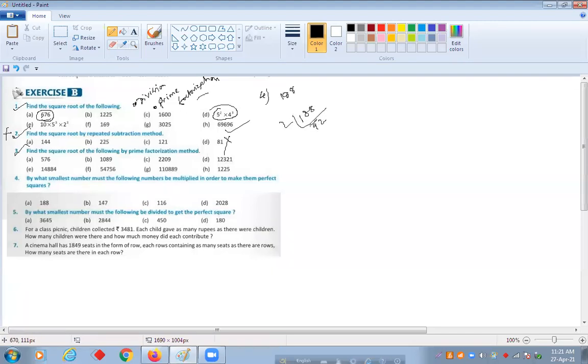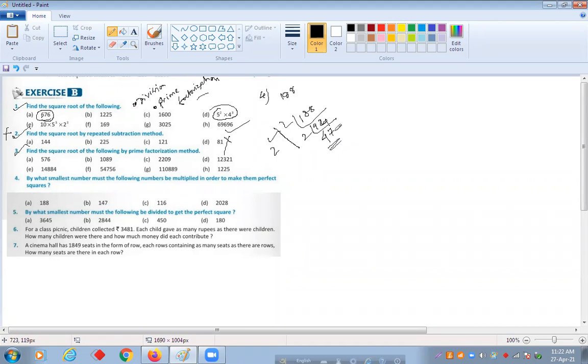With 2 we get 94, then again with 2 we get 47. So from these two, we are getting a 2 pair, that means they are in pair. But 47 is alone. It has no pair.